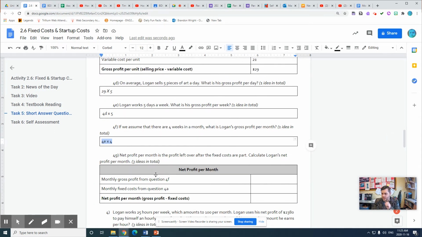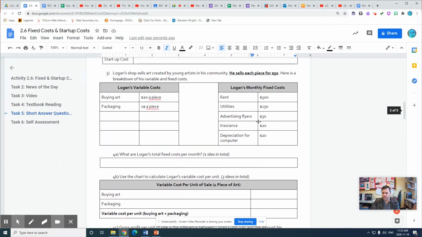So to find out his net profit, we also have to take into consideration his fixed costs. So figure out what his gross profit is from 4F right here, and subtract his total monthly fixed costs. And fixed costs are all listed here. So this answer should be 520.